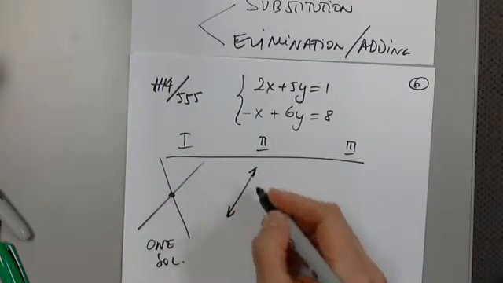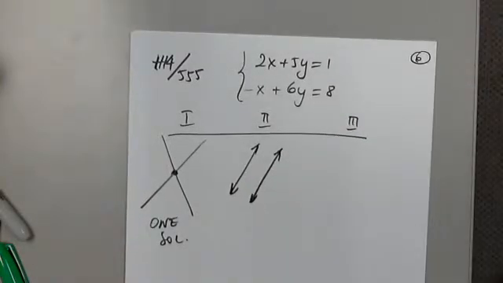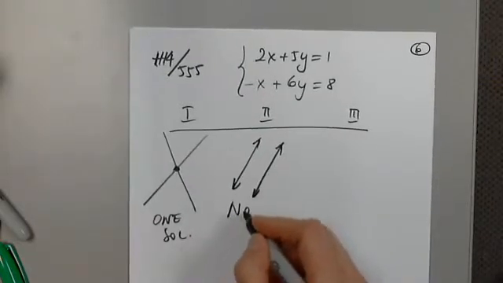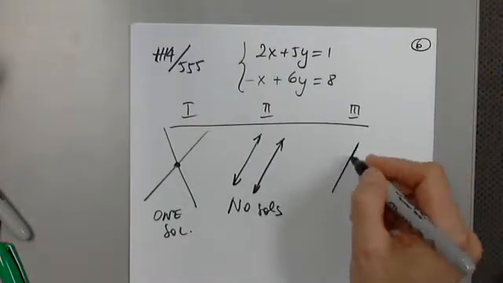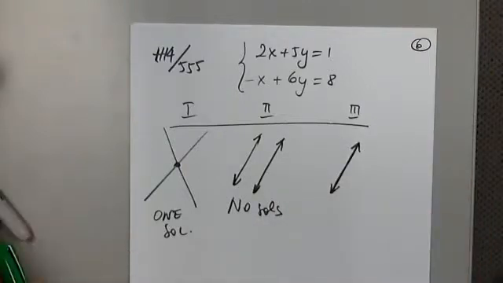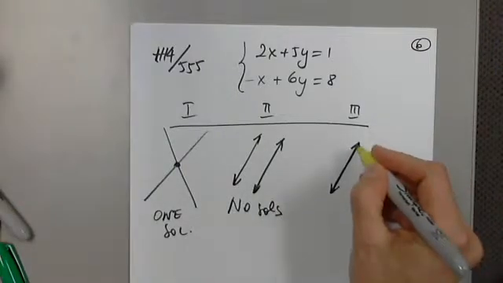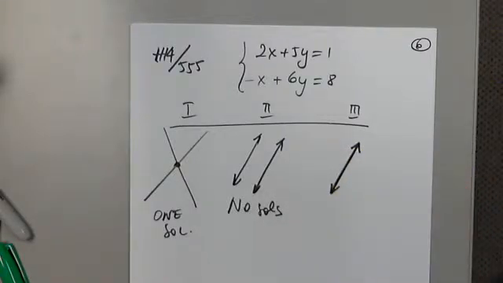The system can consist of two parallel lines. How many points do two parallel lines meet? Never. No solutions. And here's the third possibility. Here is one line, and here's the other. In how many ordered pairs do these two lines meet?